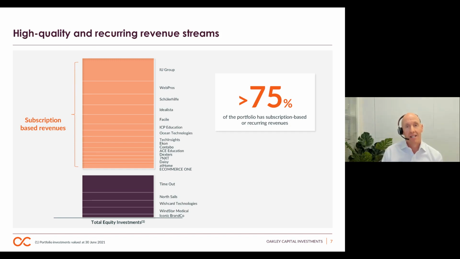The other key stat is that now over 75% of the portfolio has some subscription-based or recurring nature to their revenues. And as you'll appreciate, not only have you got high and growing EBITDA, you've got great visibility on revenue and therefore profitability, regardless of the bumps in the road that might be caused by, for example, COVID or economic swings.